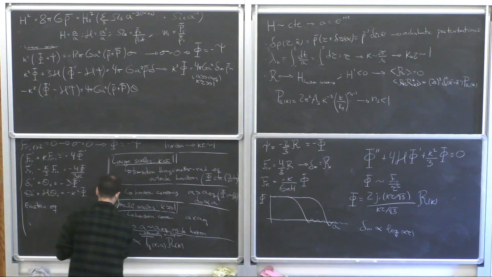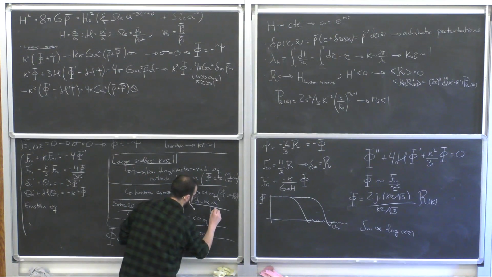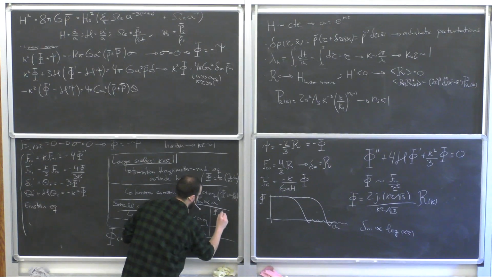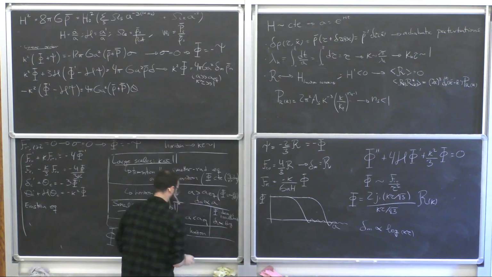Okay, so in this case, we have that phi decays and oscillates, and delta C has a logarithmic growth.